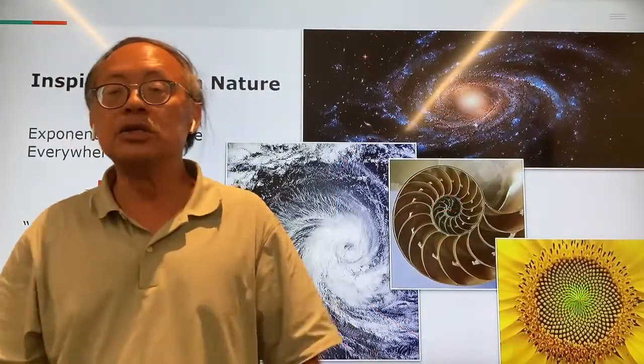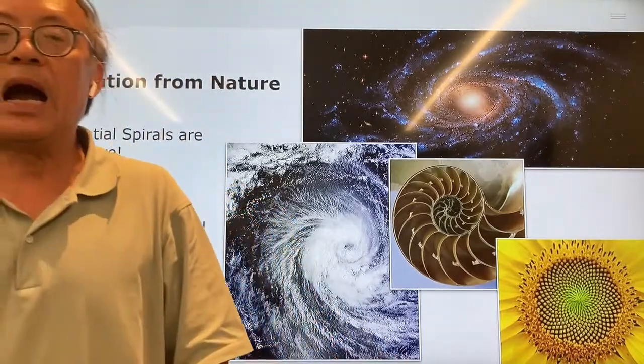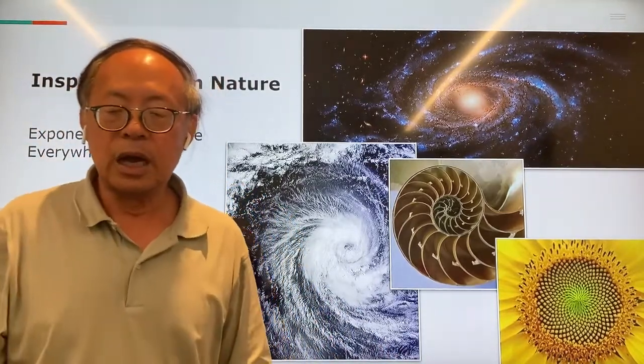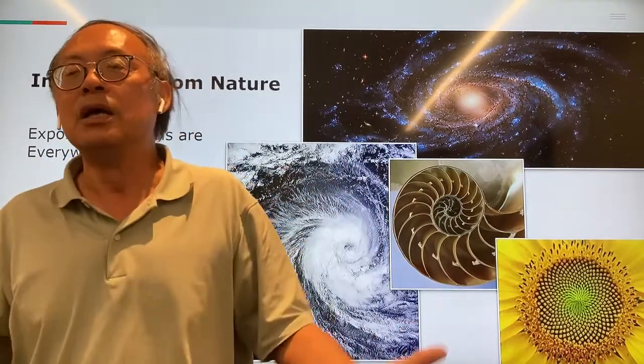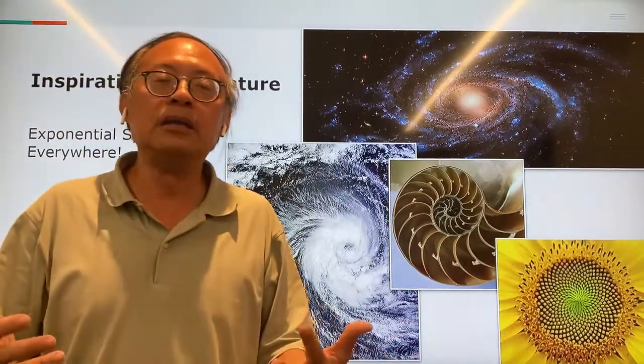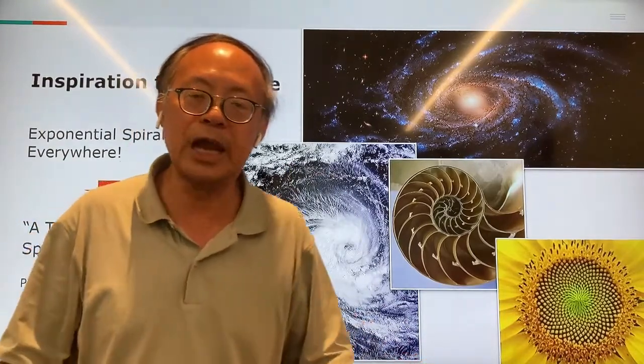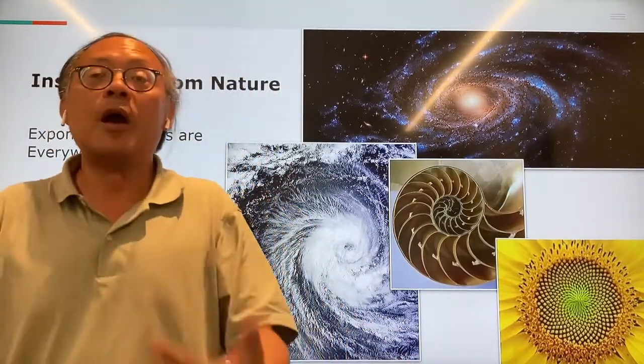So let's go back to the hurricane, which inspired my exponential spiral. I actually didn't come to the conclusion that I should build the gas turbine in an exponential spiral shape. I did a lot of experiments to find that out.